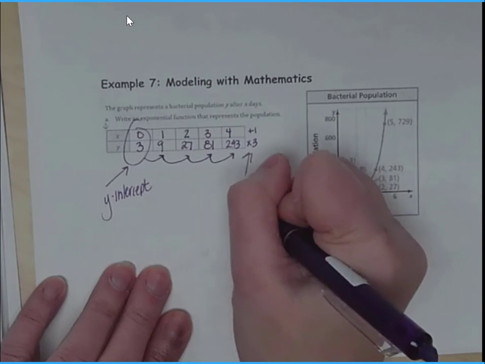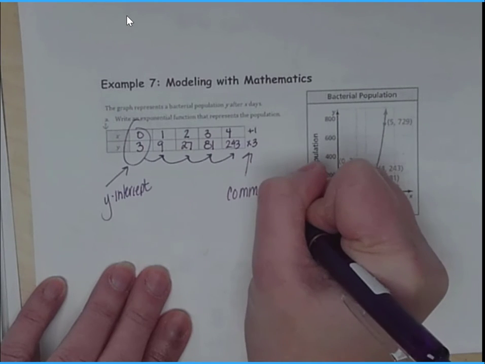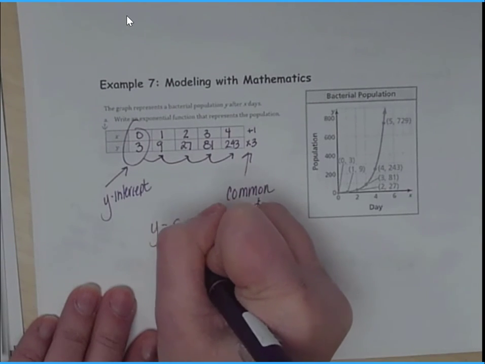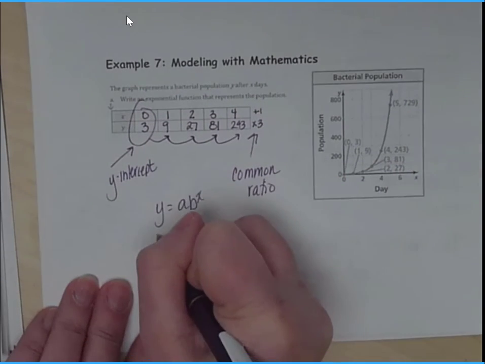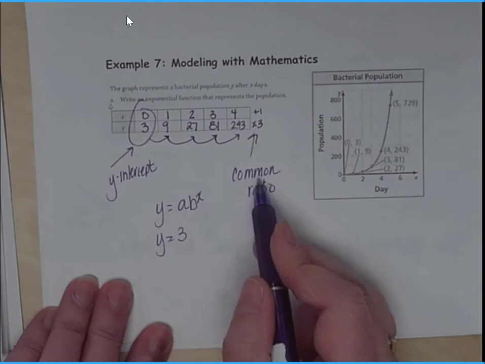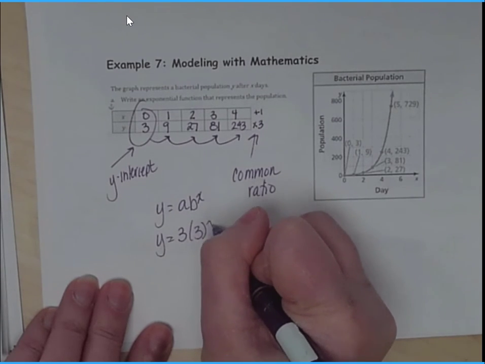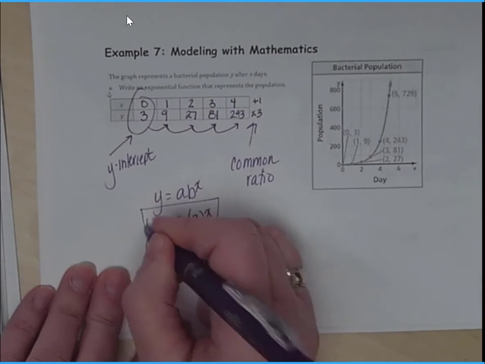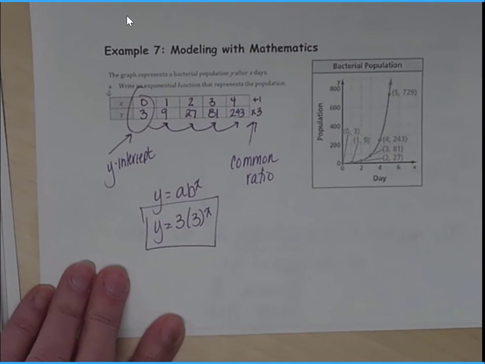So this is my common ratio. So if I have y equals a times b to the x, a is my y-intercept, which is 3. My common ratio is also 3. So I've got this final equation.